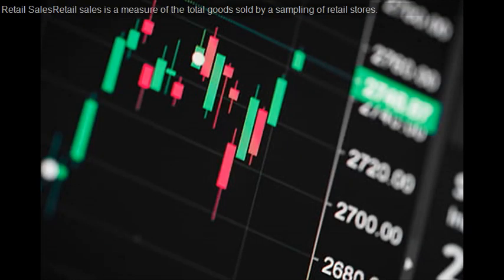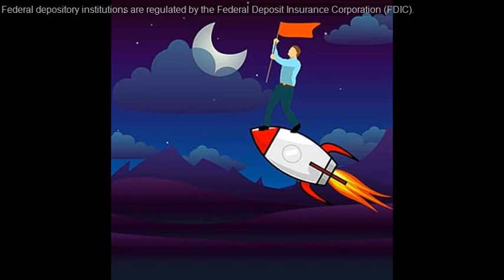Retail sales. Retail sales is a measure of the total goods sold by a sampling of retail stores. Federal depository institutions are regulated by the Federal Deposit Insurance Corporation, FDIC.